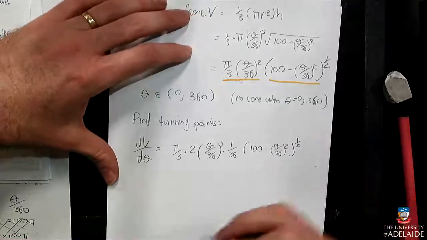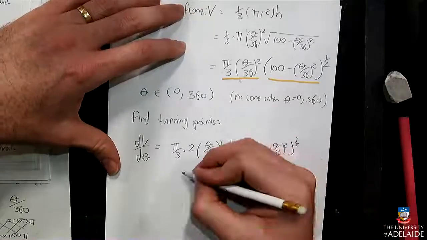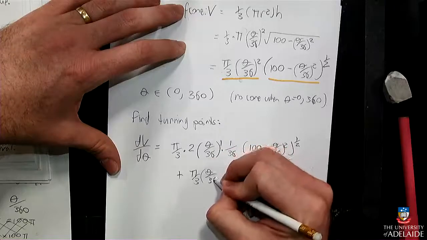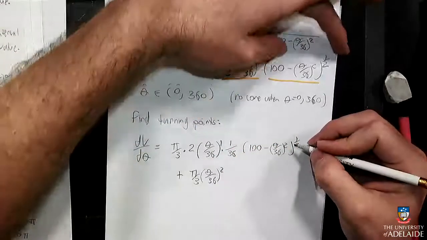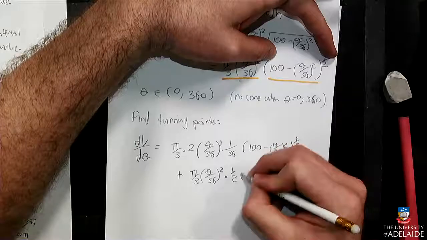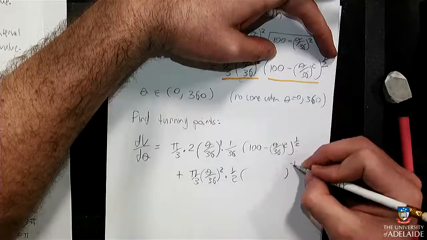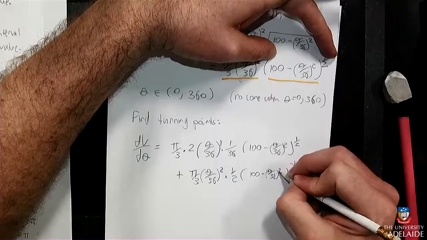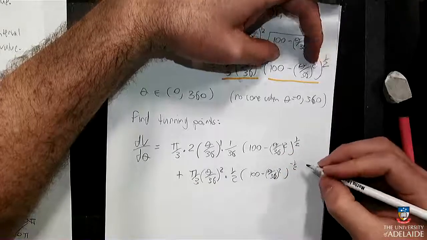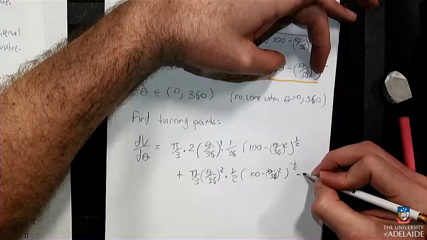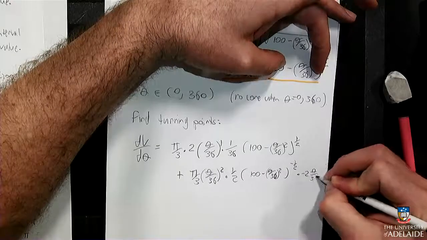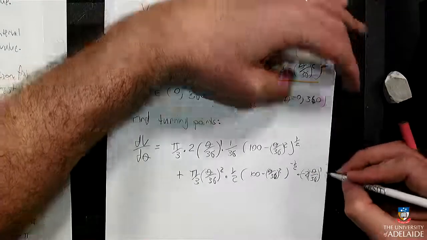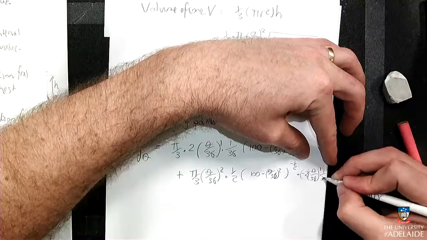It's looking pretty complicated, but let's hope it doesn't turn out too bad. And then we'll keep this first bit, and now we'll differentiate this bit, so we'll get a half times all of this to the minus a half. Then we'll have to multiply by the derivative of the inside, which is minus 2 theta on 36 to the 1, and then the 1 on 36, we already did that.